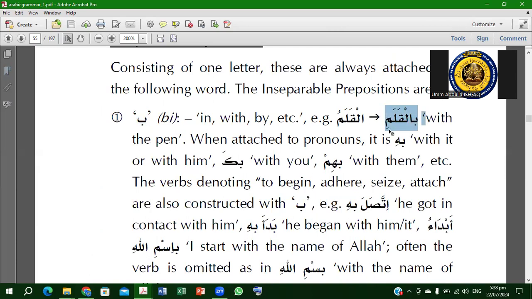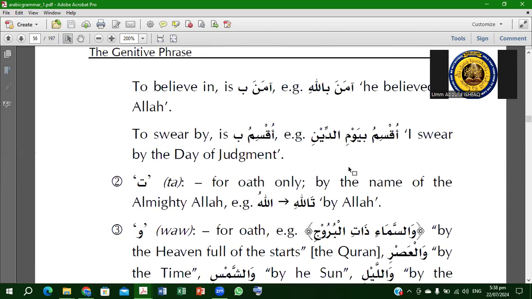So it is in halate jar, qalami, right? Ta is also harfe jar. So tallahi, ha with kasra. So this is murakkabe jari. Ta is harfe jar, Allah is a noun, and tallahi together is murakkabe jari.